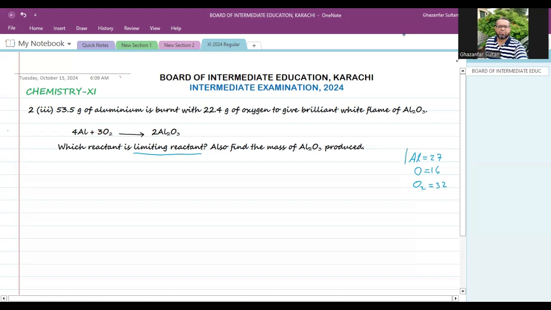In the next step, you will need the molar mass of Al2O3, aluminum oxide. Molar mass means the mass of 1 mole of a substance. So how can you calculate the molar mass of aluminum oxide?